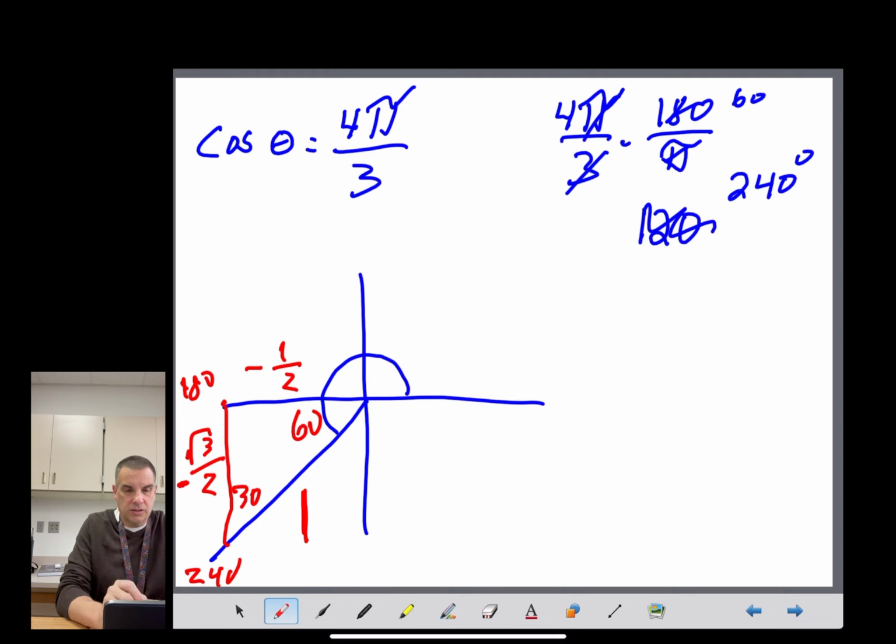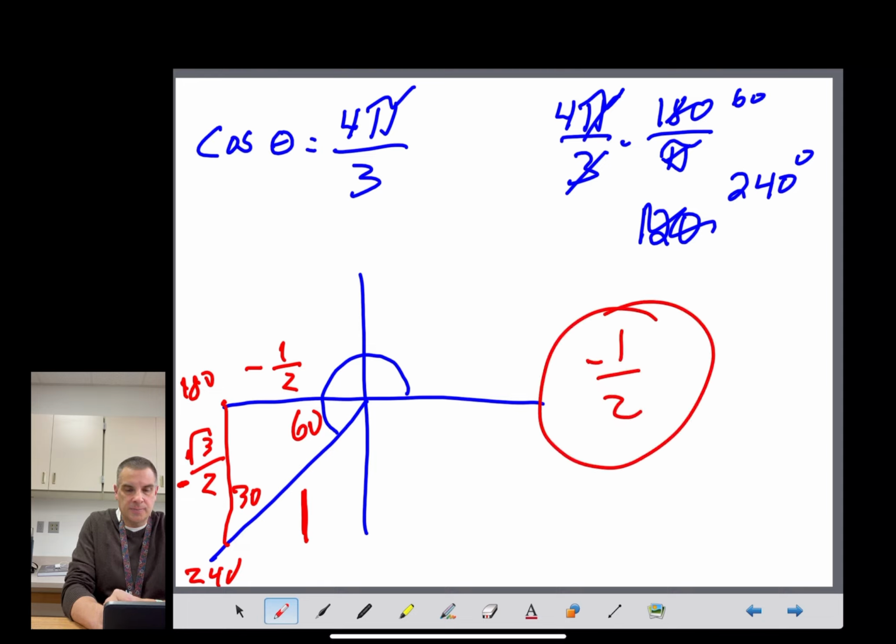So we talked about cosine before. Even if you don't remember that it's x over y or y, whatever one it is, you know cosine is adjacent over hypotenuse. So adjacent is negative 1/2, the hypotenuse is 1. So our solution, the exact value for the cosine of 4 pi over 3, is negative 1/2.